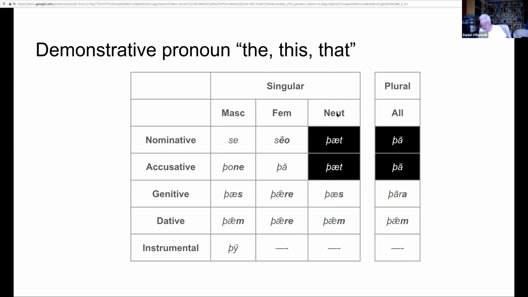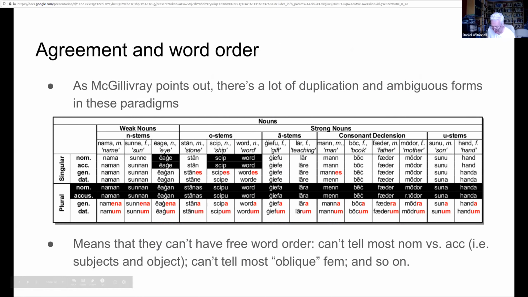For adjectives, they basically have the same endings. Again, the reason why tha is in black reverse field is because in everything, the nominative and accusative plural is always the same. Thara, this one, I guess I can't.